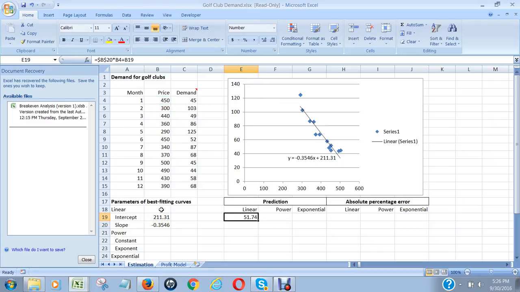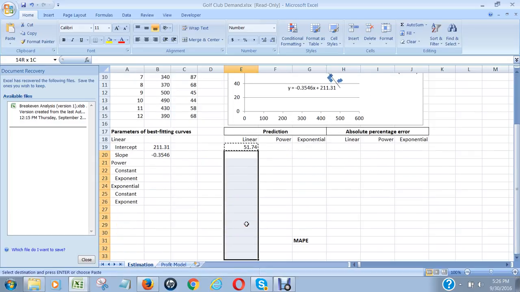And that should give you a value of 51.74. And I'm just going to quickly check that to make sure I have that right. Yes, I do.